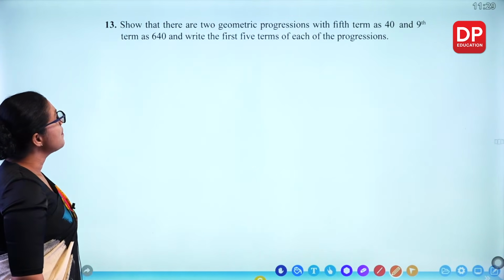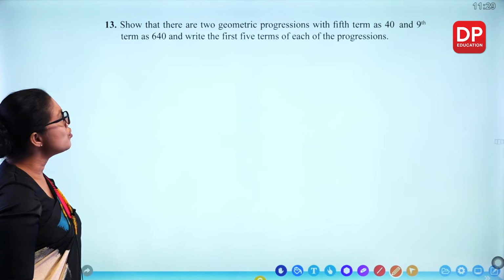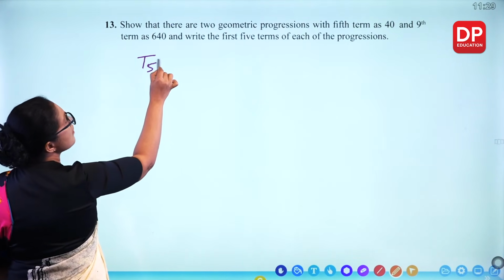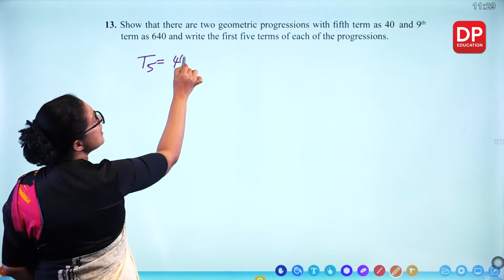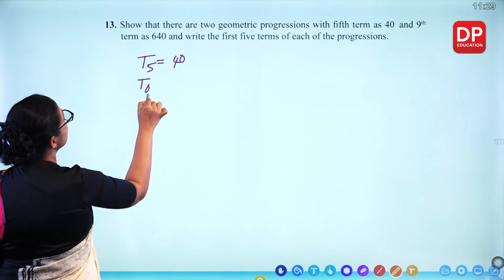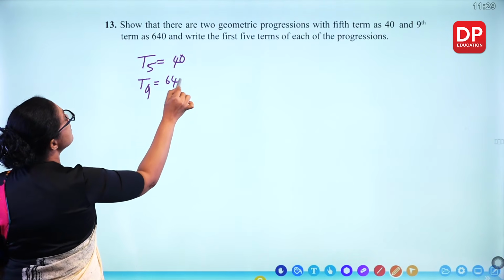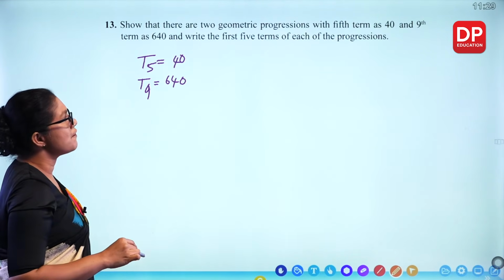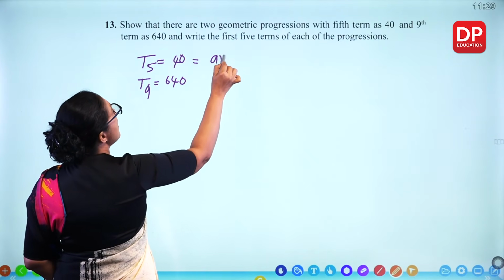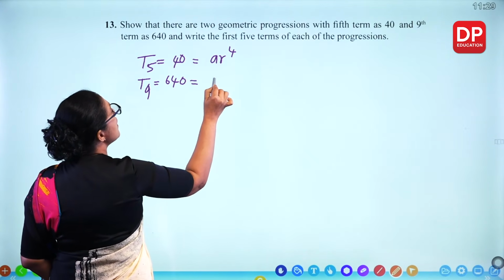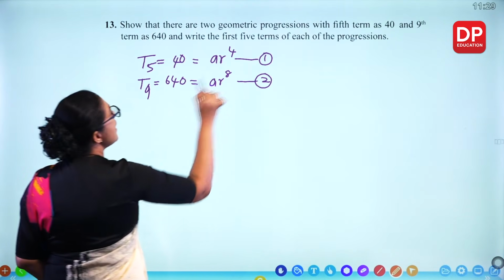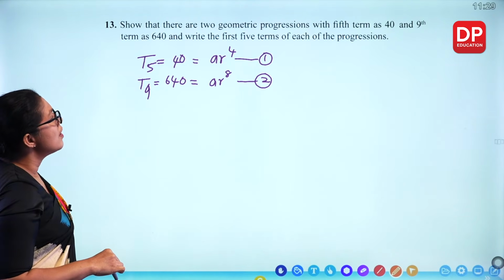Question number 13. Show that there are two geometric progressions with fifth term 40 and ninth term 640, and write the first 5 terms. T5 you can write as ar to the power 4. This one, ar to the power 8. You can divide and get rid of a.